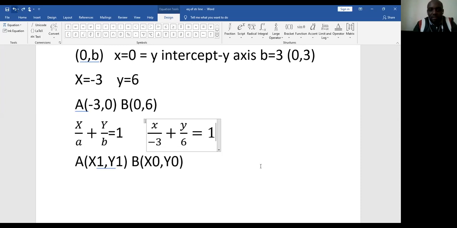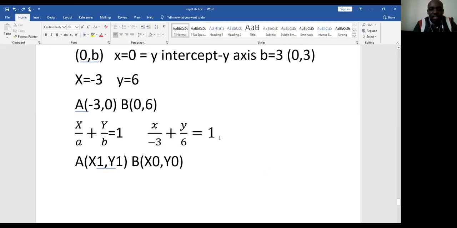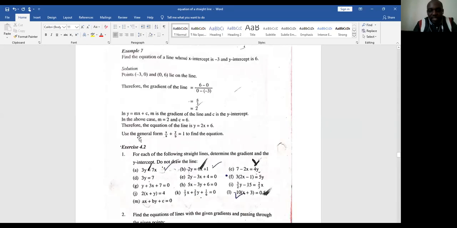You are going to write it in that format. And this format, we have simply said, is the general format of writing the X and the Y intercept in one equation. Use the general form, write that equation. So that is how you would have written that.